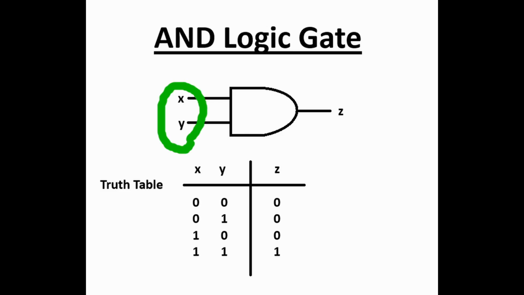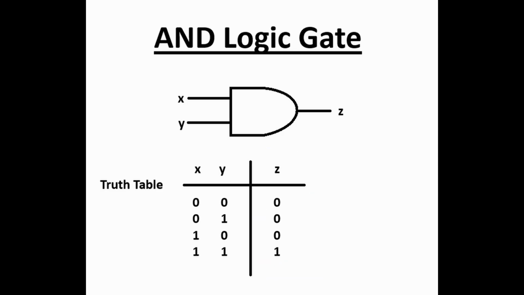Let's start by looking at an example of an AND logic gate. It has two inputs, one bit on each input, and it has one output, another bit. The behavior of the AND logic gate is fully described using a truth table. We can map every possible set of inputs to its corresponding output.